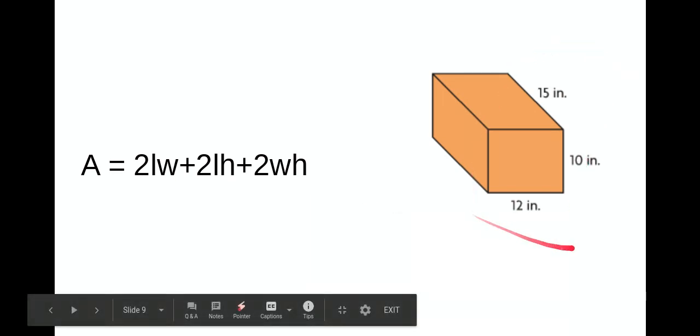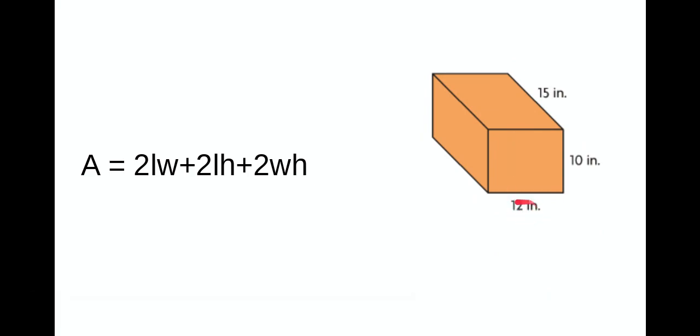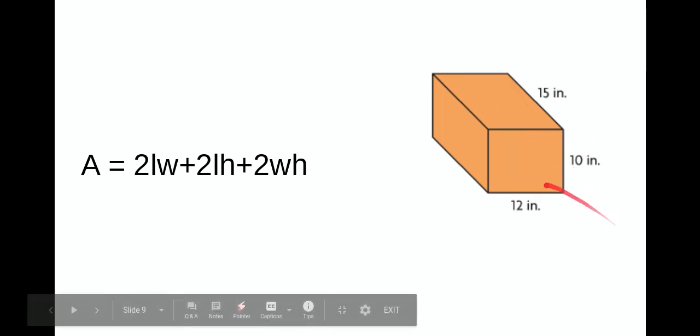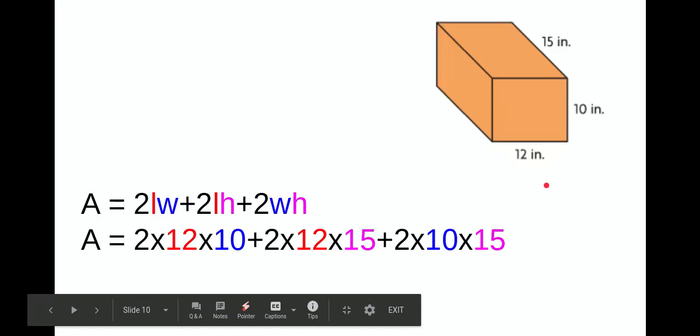Now, it does not matter which one you consider which here. I kind of think of this as the width and this the height and this the length, but it doesn't matter as long as you are using each number with each combination, just like the man, the woman, the dog thing that we did at the beginning. As long as each dimension is going with each other dimension exactly one time.